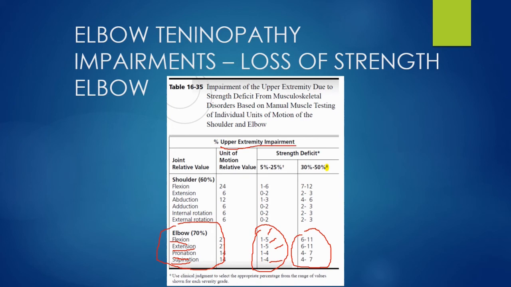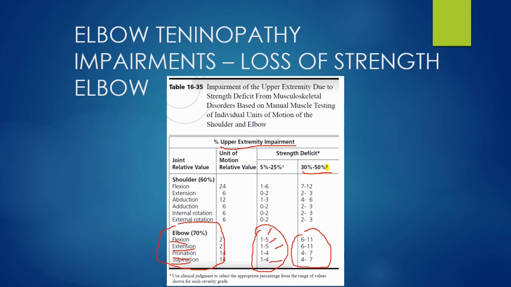So these values are small, but they're definite, and it's worth going through this analysis for those examinees who truly do have loss of strength of the elbow. For greater losses of strength, as much as 30 or 50%, as you can see here, the impairment values are higher.